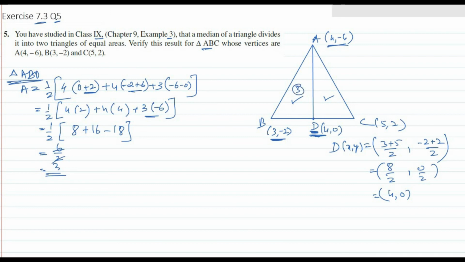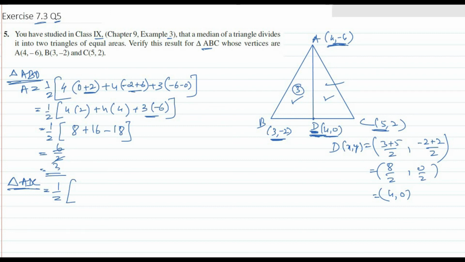So now we will calculate the area of triangle ADC. Here this is equal to half of x1 y1, x2 y2 and x3 y3. You can take anything for x1 y1, x2 y2, x3 y3, the result will be the same.